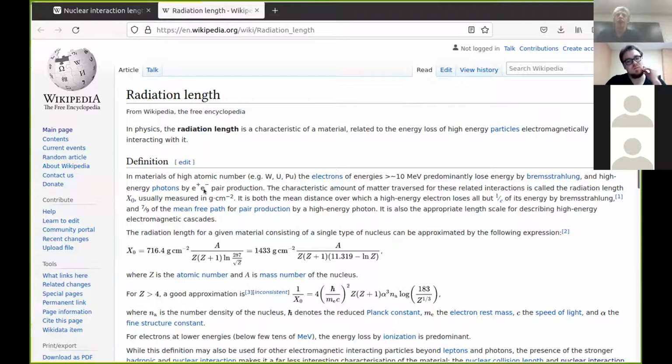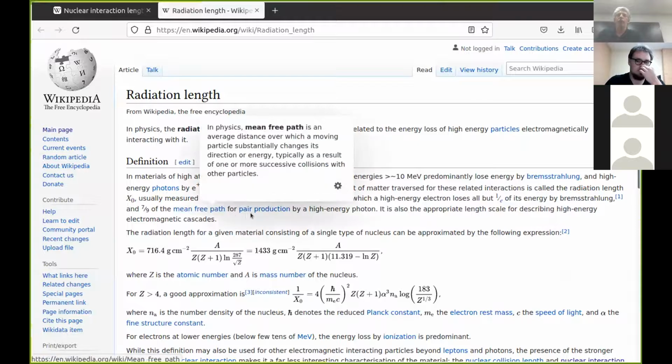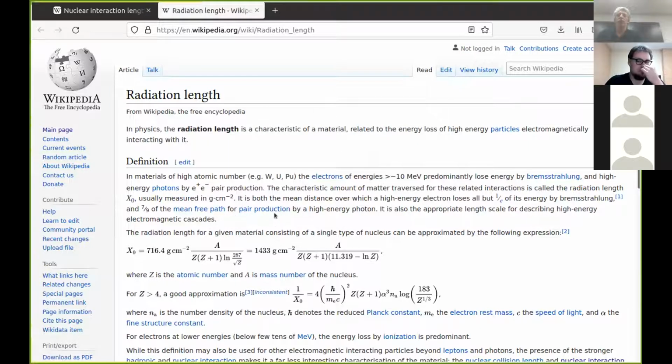Okay, and so I can characterize this with a mean free path before the next interaction happens, and so the radiation length captures what's going on in these processes, right? It's related to basically just the number of electrons that are there.